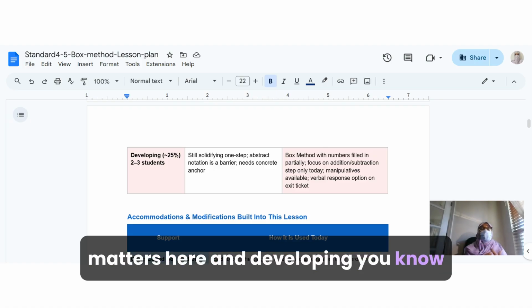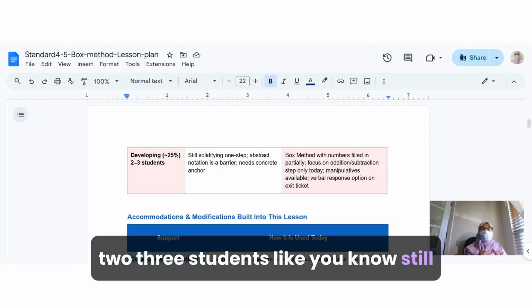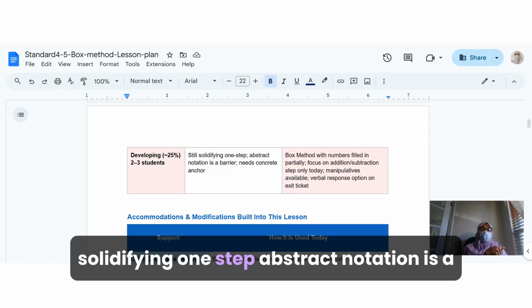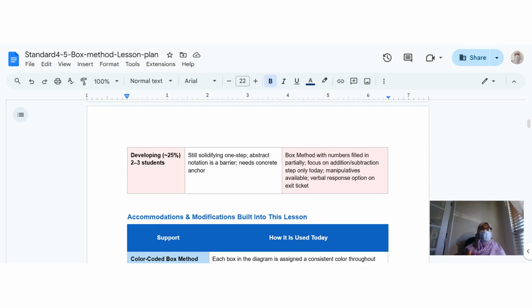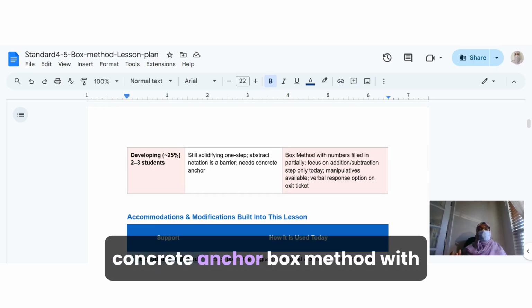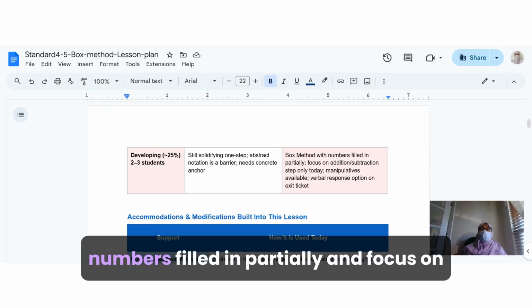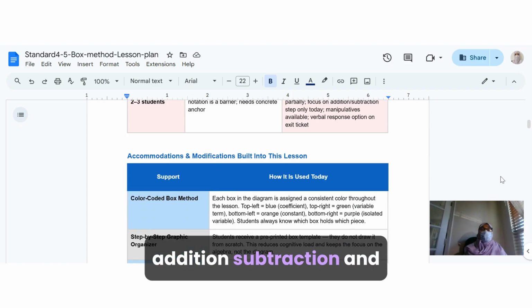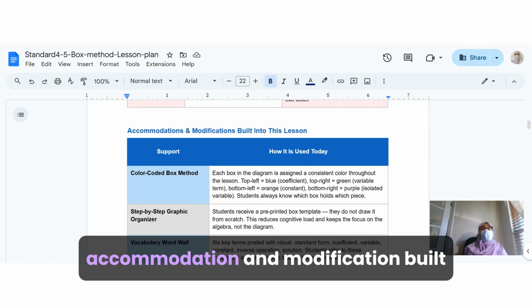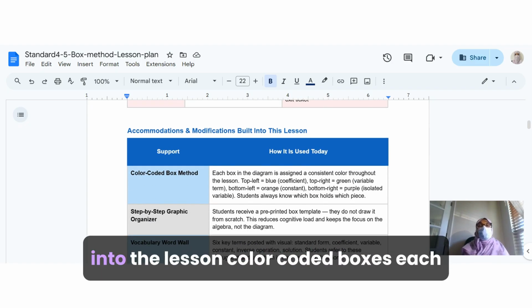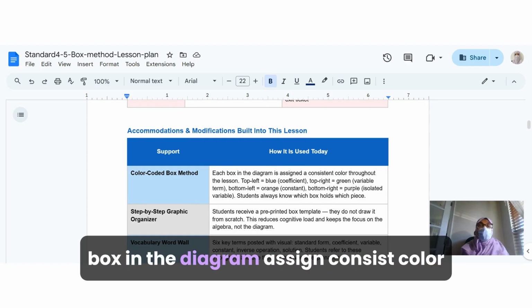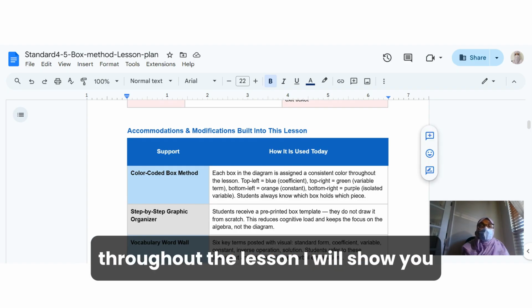And developing, 2 3 students, still solidifying one step, abstract notation is a barrier, needs a concrete anchor. Box method with numbers filled in partially and focus on addition, subtraction, and accommodation and modification built into the lesson. Color coded boxes, each box in the diagram assigned a consistent color throughout the lesson.